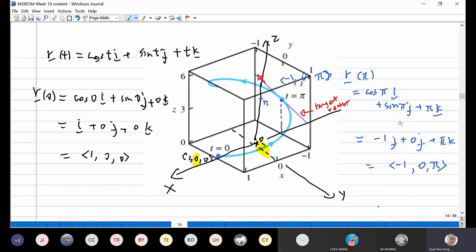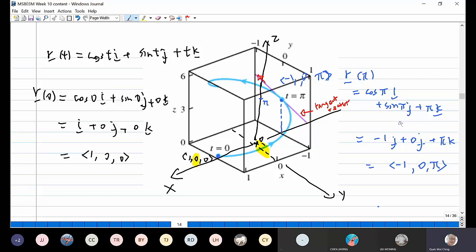So now we slightly understand how this kind of curve moves. So I got the tangent vector. I already know it. I want to find the equation of this tangent line now.